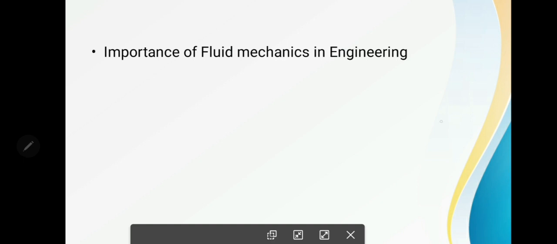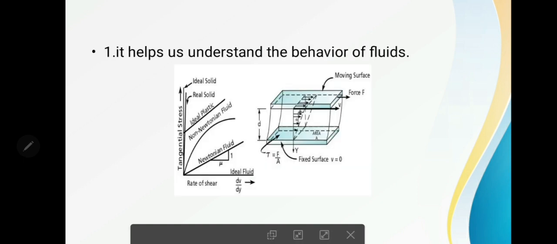Proceed. Number one, it helps us understand the behavior of fluids. So importante nga mabalaan na tong behaviors of fluids, no. Murag gyapon na siya og uyab, og di nimo masabtan, makagubot yun mo, di ba?